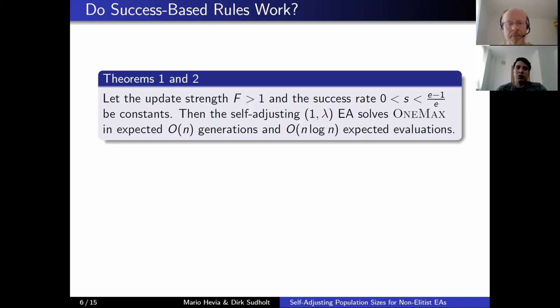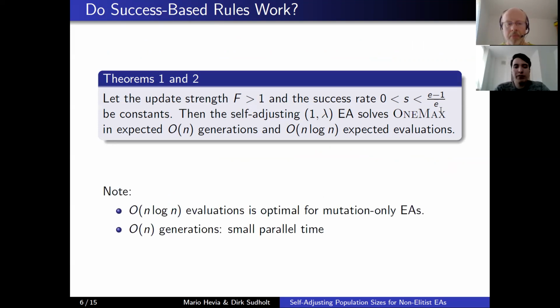And do these success rules work? Well, in our work, we find out that if you choose s sufficiently small, so s is smaller than e minus 1 over e, the self-adjusting 1 comma lambda EA solves OneMax in expected O of n generations and O of n log n expected evaluations.